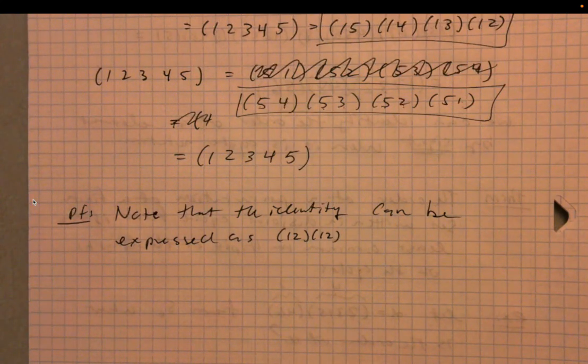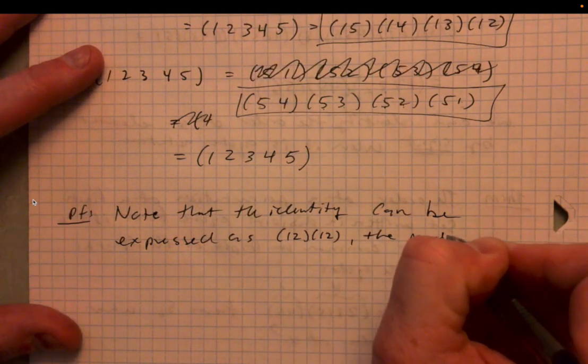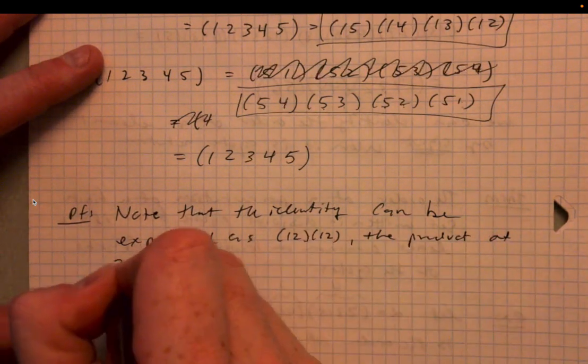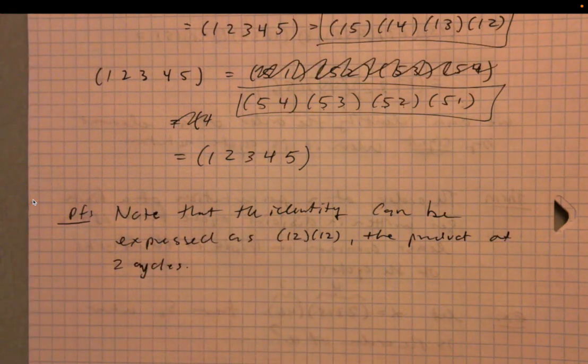So it's the product of 2 cycles. Right. So it can be written like this. The product of 2 cycles. All right. By the previous theorem, we know that every permutation can be written as a product of disjoint cycles.